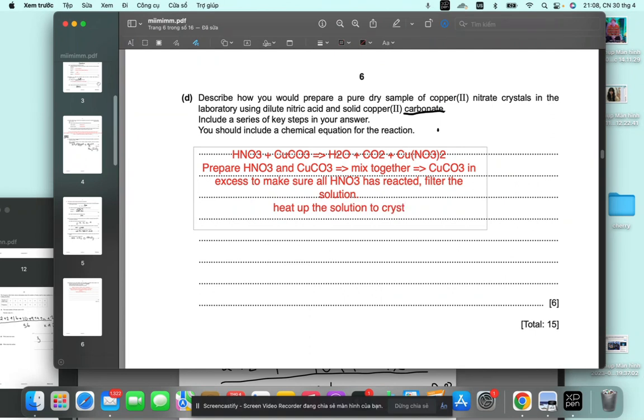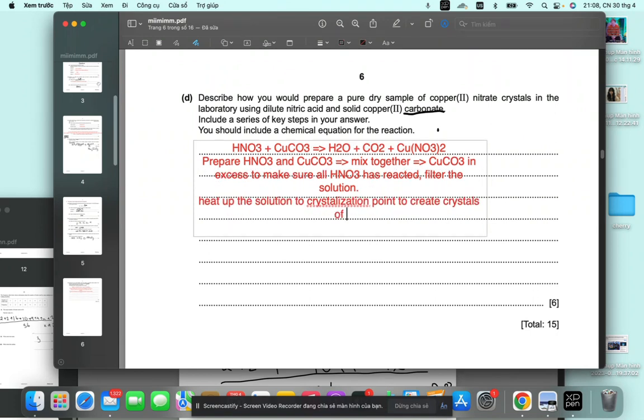Crystallization point to create crystals of copper nitrate.